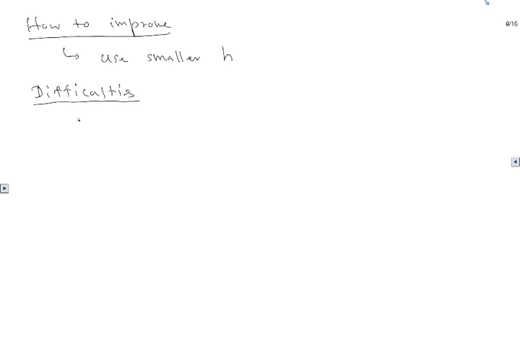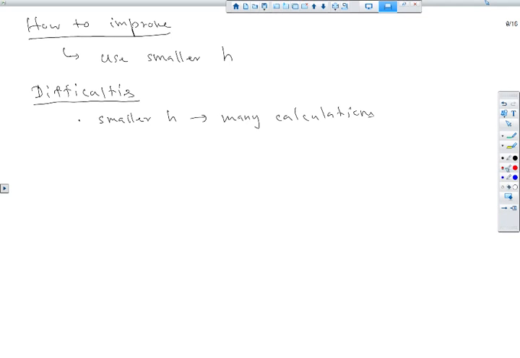If you try to use a smaller h, that means you need more steps. So small h means many steps, many calculations. That means the issue is what we call the computational time. That's a big one, computational time.